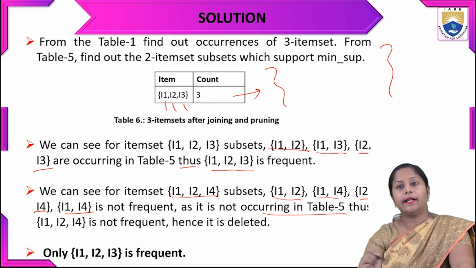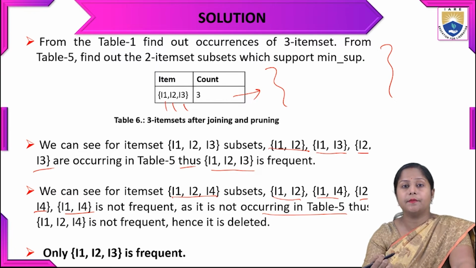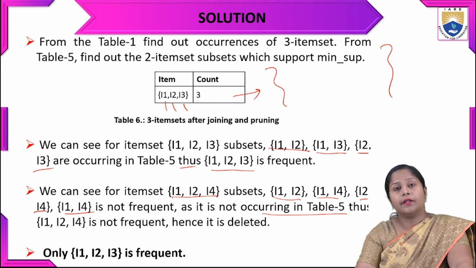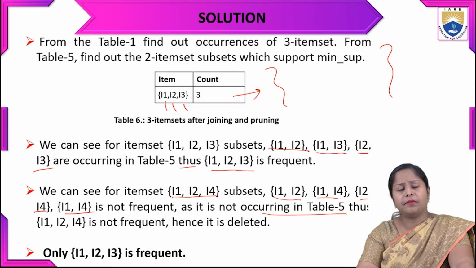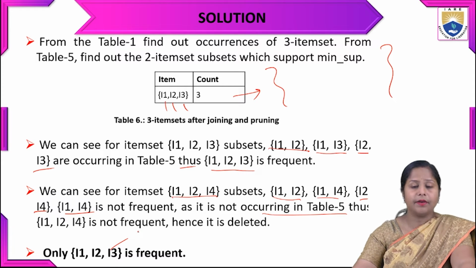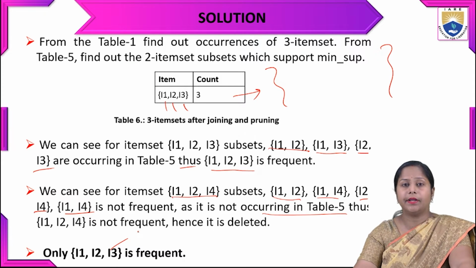So we can relate the subsets of the particular 3-item set from the 2-item sets also. The frequency occurred one by one in each step. So now we have only I1, I2, I3 as a frequent 3-item set.